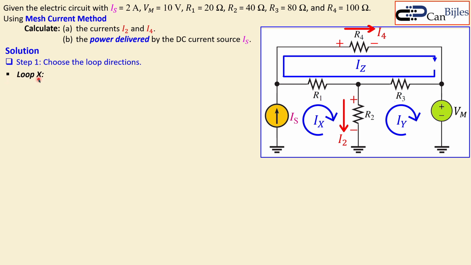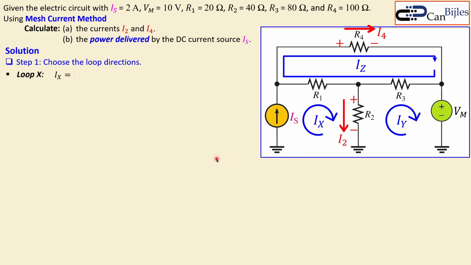If I look at loop X, something is interesting here, because this current loop, only considering this and forgetting about the rest, is already IS, because in that loop IS is setting the current IX.